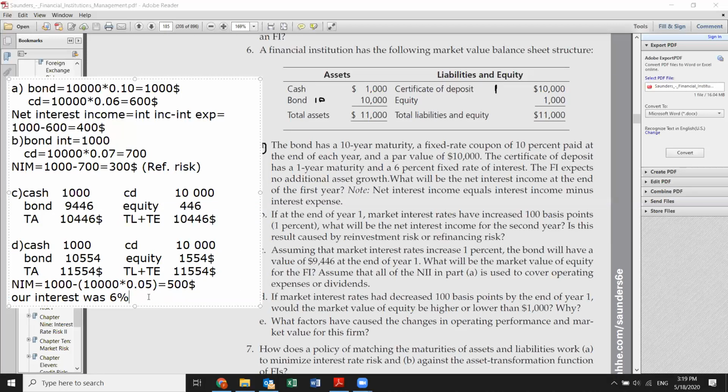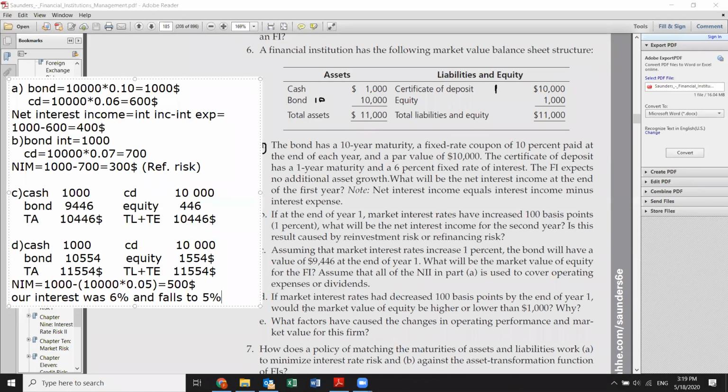But in here, I just calculated it to show how it affects our results, like a kind of mathematical clarification. So the interest was 6% and falls to 5%. It says it decreased by 100 basis points, which is 1%, okay? So this is how we get the net interest income.